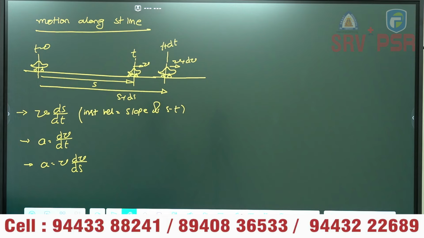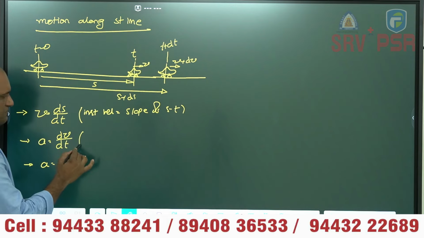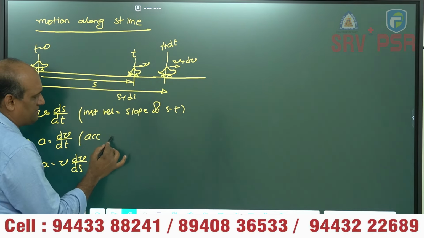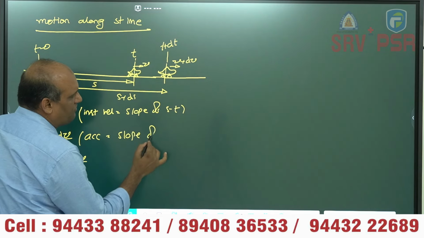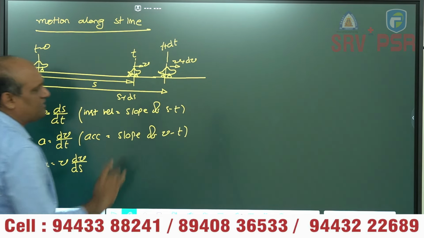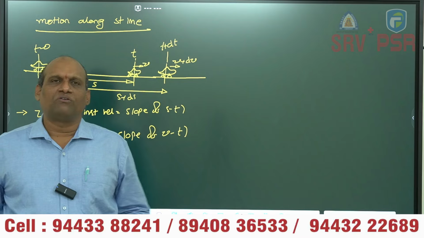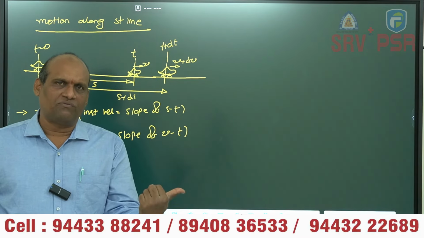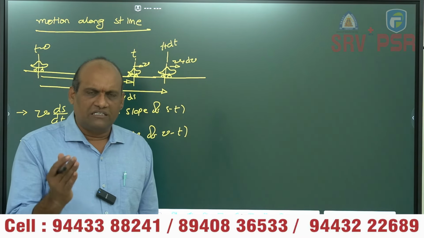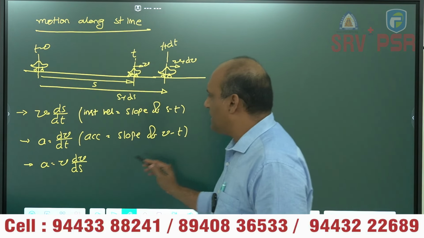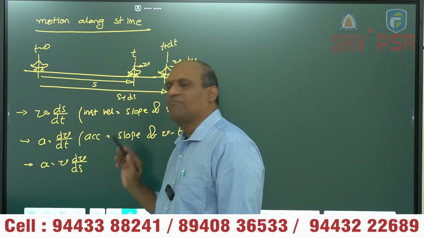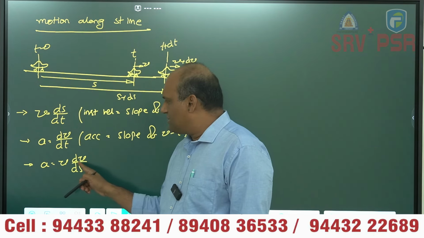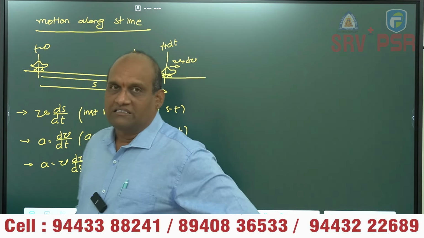Theory questions important: the slope of the st graph is instantaneous velocity, instantaneous speed, and acceleration is the slope of the vt graph. Important theory question. Sometimes you will be given the velocity time graph. Find the slope, that is nothing but acceleration. And here I can say acceleration is nothing but velocity into the slope of the vs graph. Instantaneous velocity into the slope of the vs graph gives you the acceleration.